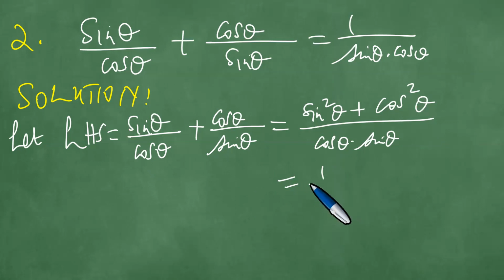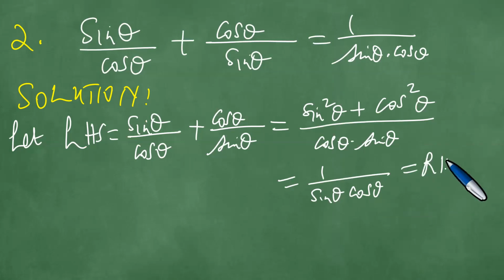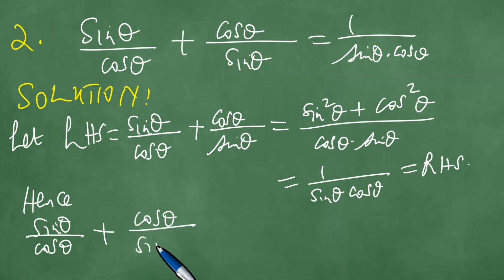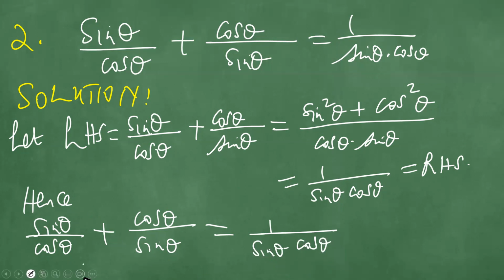Sine squared plus cosine squared is 1, over sine theta cosine theta. And this is equal to the right-hand side. So we just took the LCD here, and hence the result is 1 over sine theta cosine theta.